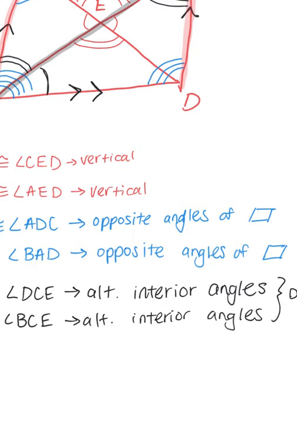But these two, yes, 100%. Those two, or those four, yes, you need to know, because we know about vertical angles and we know about opposite angles of a parallelogram. The other two, the alternate interior angles, are a little bit more complex.